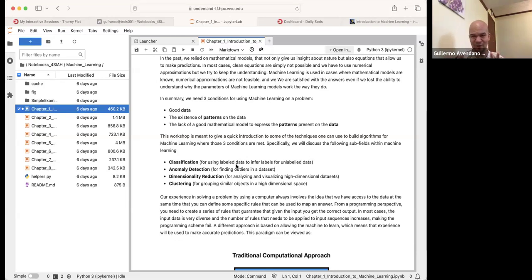Clustering is different from classification. In this case, what we want to identify, for example, is the presence of groupings.